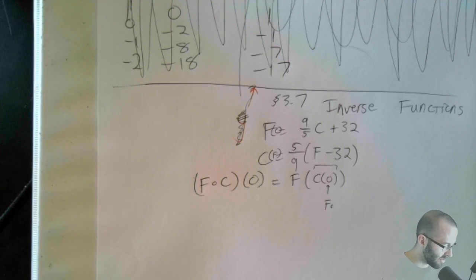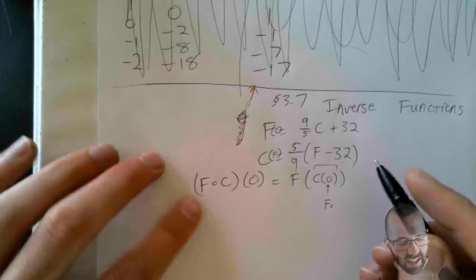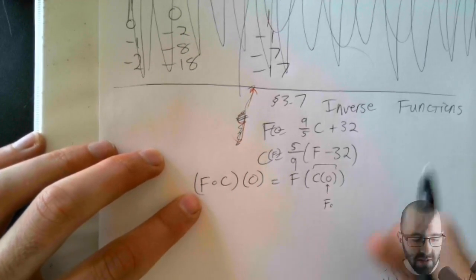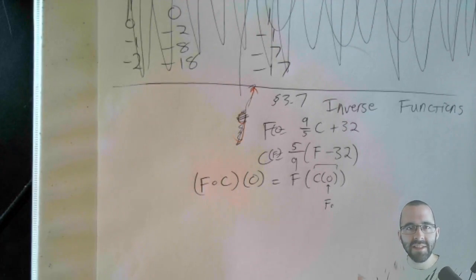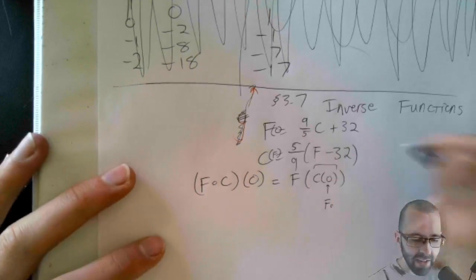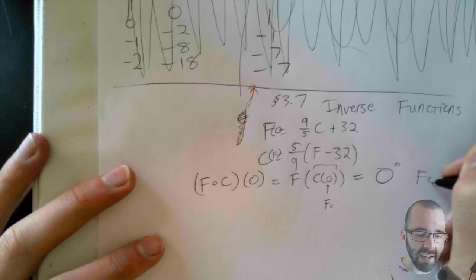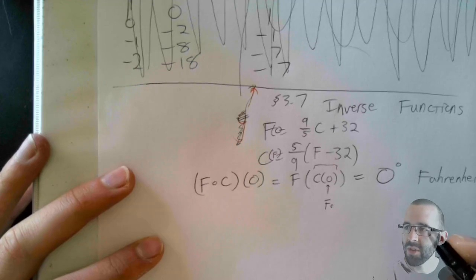So really what I'm confusingly trying to say is that if we compose the Fahrenheit and Celsius functions, we convert to Celsius and back to Fahrenheit. If you convert something to Celsius and back to Fahrenheit, you should get back whatever you started with. So it should still be 0 degrees Fahrenheit, and we could work that out and show that it's true.